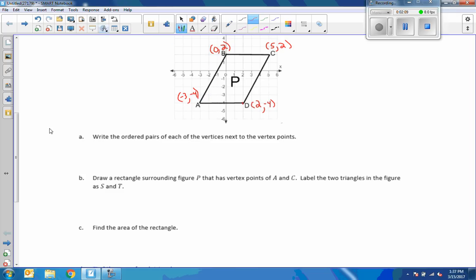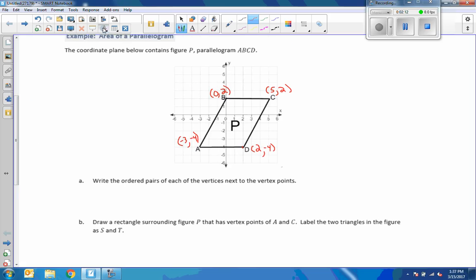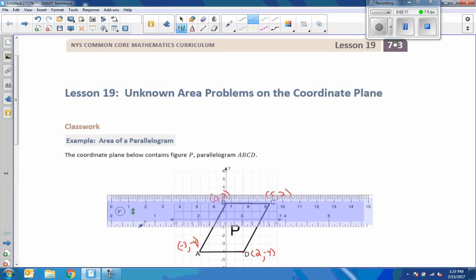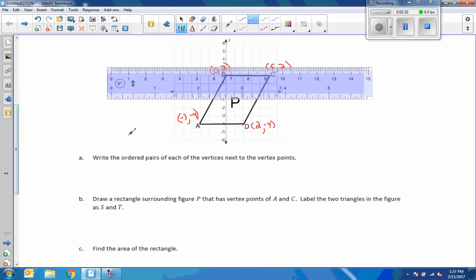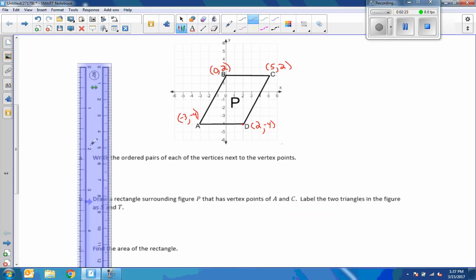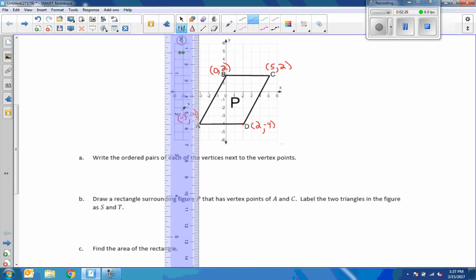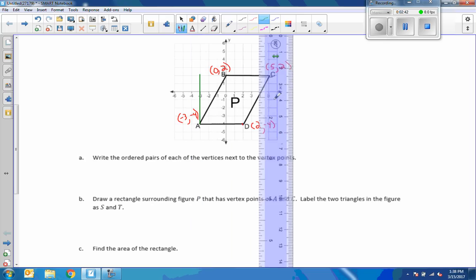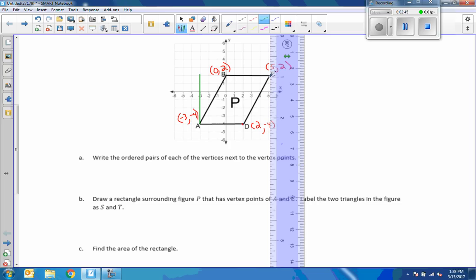I'm going to be neat about this, so I'm going to bring in my ruler, rotate it 90 degrees, and line it up with A. I'll choose green for this. I'm going to start at A and draw up until I get to the height of B and C, which is there. Now move over to C here, draw a line from C down to D.